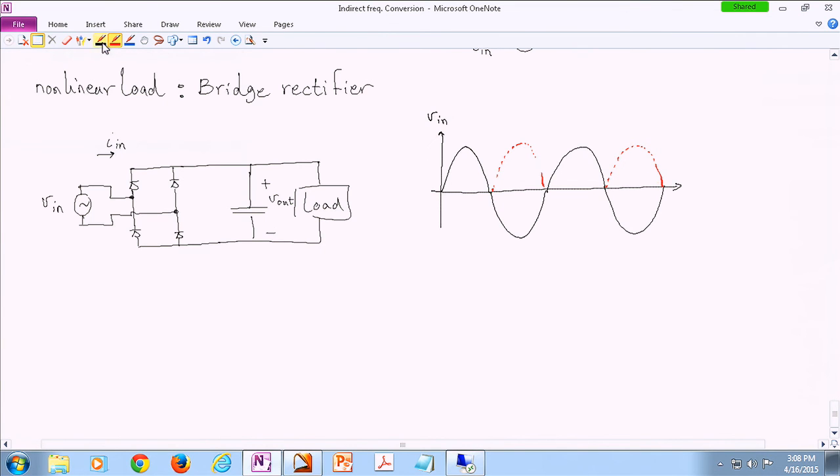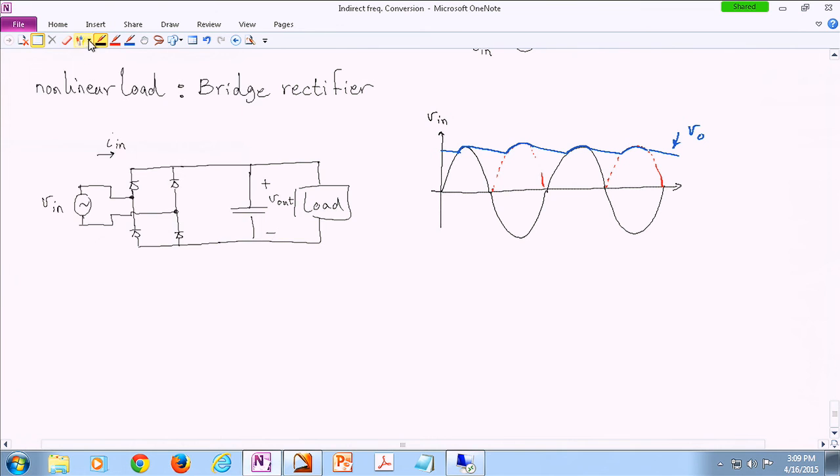And your output voltage is going to look like this. So it follows this peak and then goes down, and then follows this peak and then goes down. So your output voltage looks like this. Okay, so when it is following the peak, that means the diodes are on. Otherwise, the diodes are off, and therefore the capacitor is just getting discharged through the load.